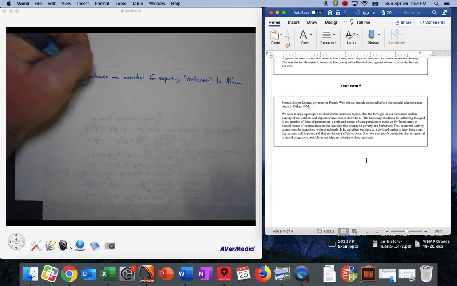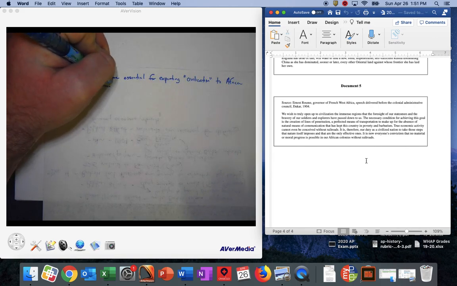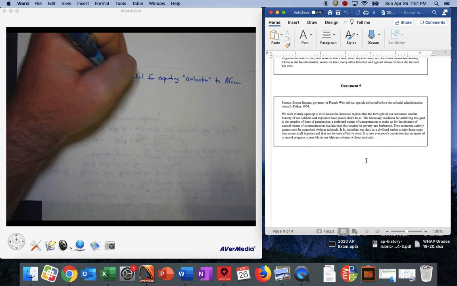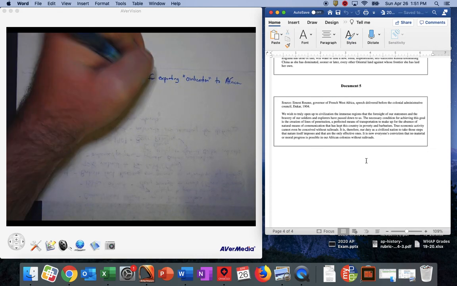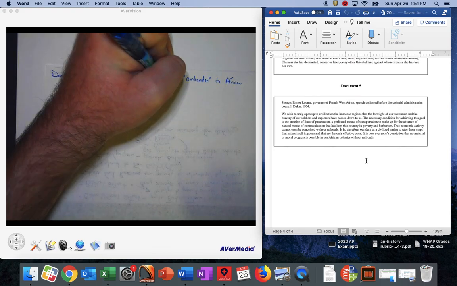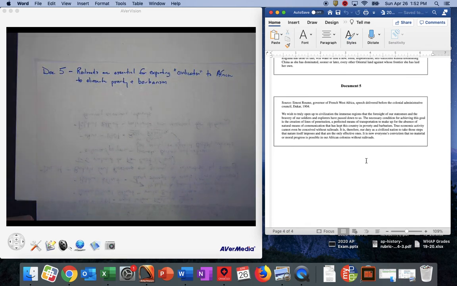And we need to do this to eliminate, I'm going to use the guy's own words here, poverty and barbarism. And for the French, barbarism is basically anything that's not French, or at least anything that's not European.